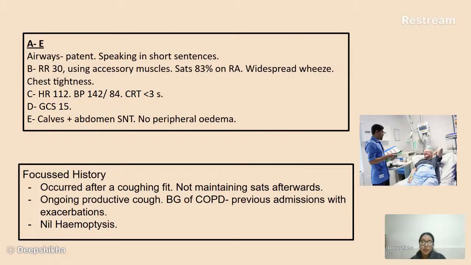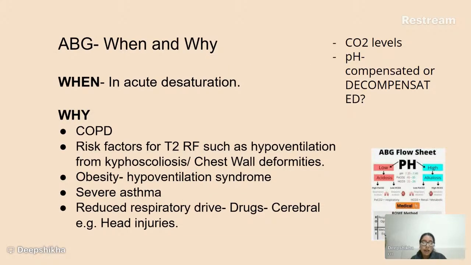He has this ongoing productive cough with green sputum, and he has a background of COPD with previous exacerbations and admissions with exacerbations, and he does not have any hemoptysis, just a good red flag to exclude and mention.